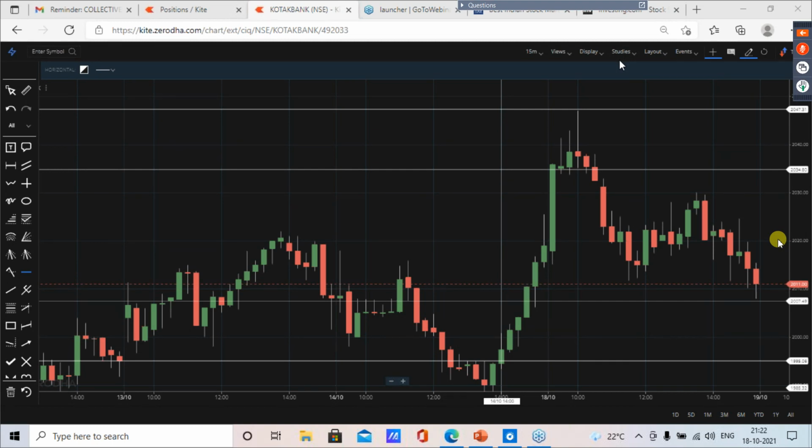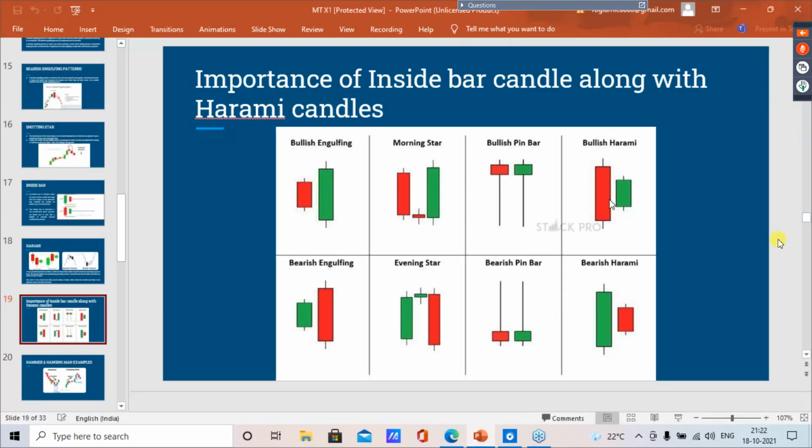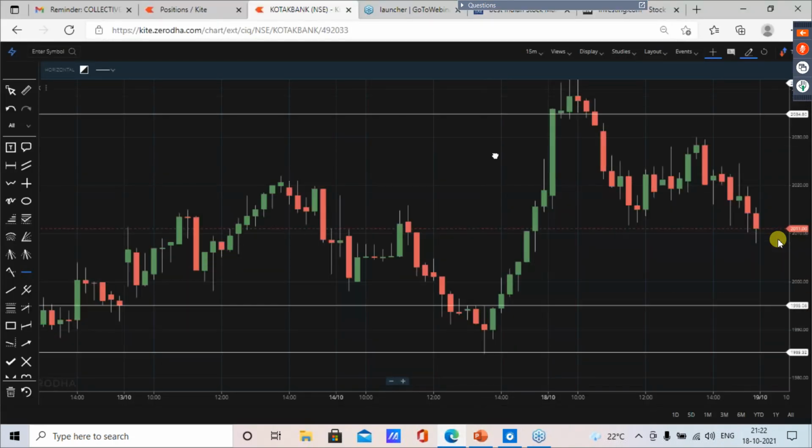If both candles are green in an inside bar, it works beautifully. But when it comes to Harami, this color coding matters, like I've shown in Kotak now. If the body of the first candle is small, that's also okay. But there should be a bigger red candle and a green candle, like what has happened in Kotak Bank.